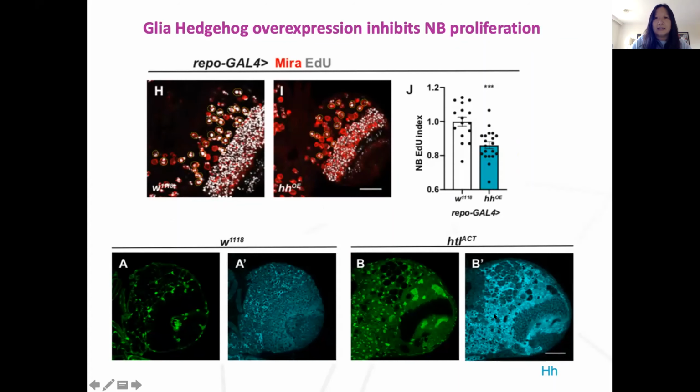And in wild-type brains, when she overexpressed hedgehog in the glial niche, she also saw that neurostem cells really slow down its cell cycle progression. So altogether, this sort of tended to suggest that the phenotype we saw due to glial-FGF activation could be accounted for by downstream hedgehog signaling.